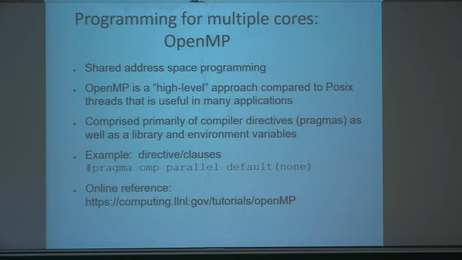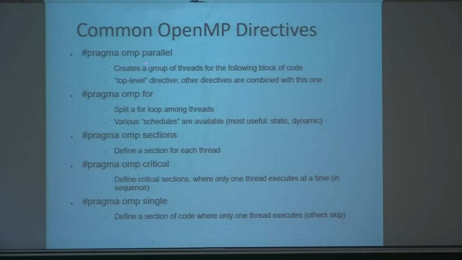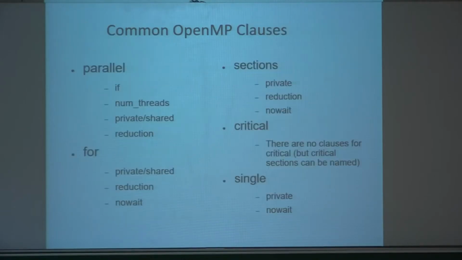So the programming is primarily through inserting these directives into your program, right? And these are some of the directives, I think the most useful directives. Okay, so you can say that one section of your code is a critical section. Only one thread can access that section at any single time.